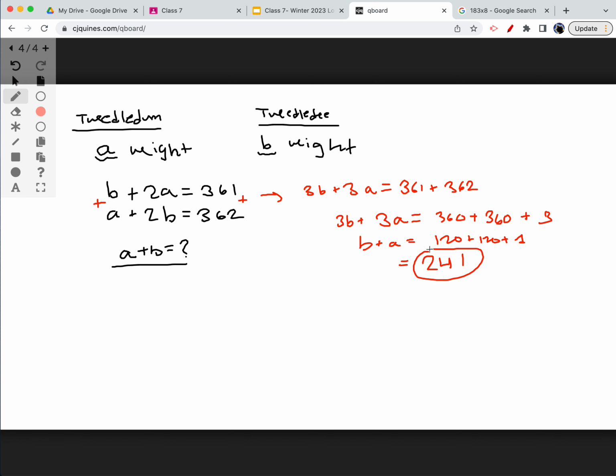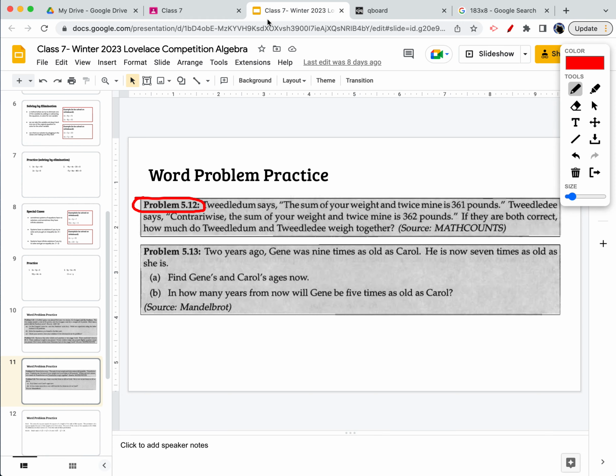Okay, so does anyone have any questions on this problem? Okay. So now let's move on to 5.13. Again, I'll give you guys around 5 minutes to do both parts, and we'll go over them once you guys are done.